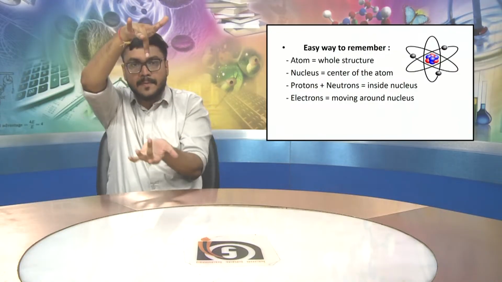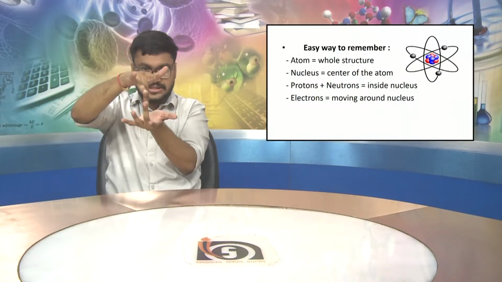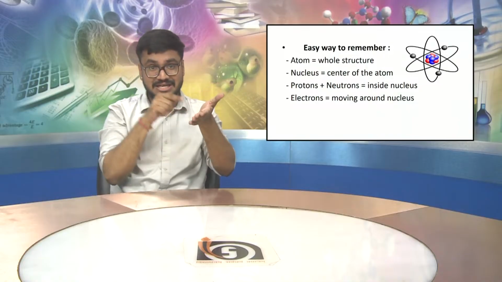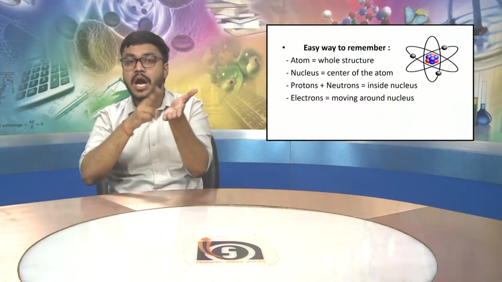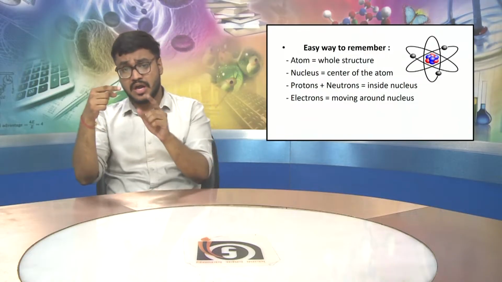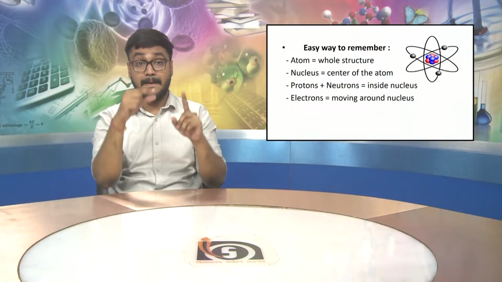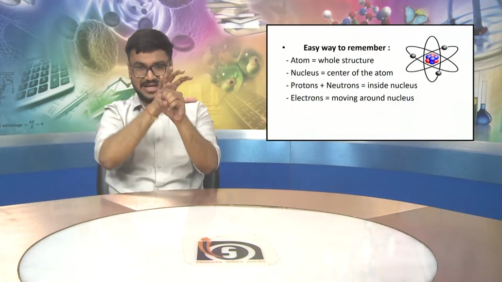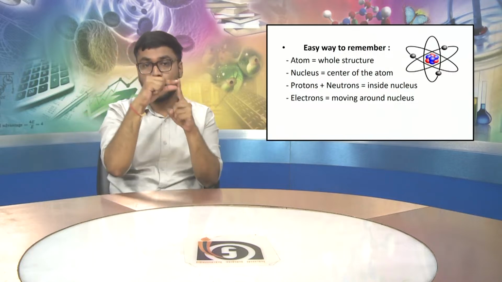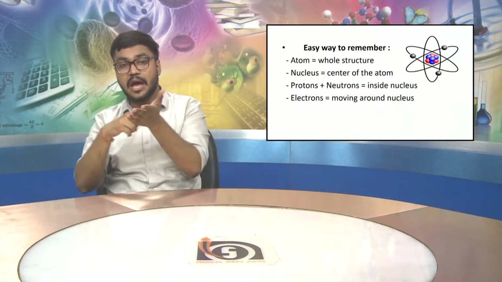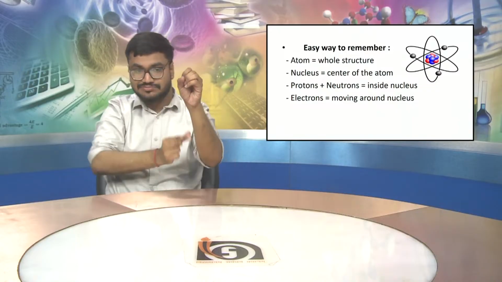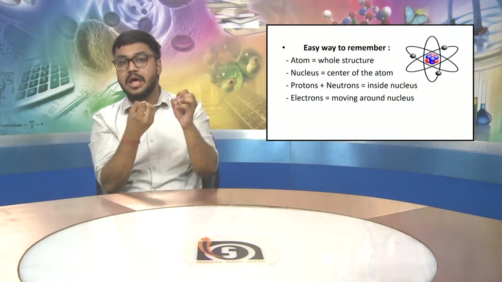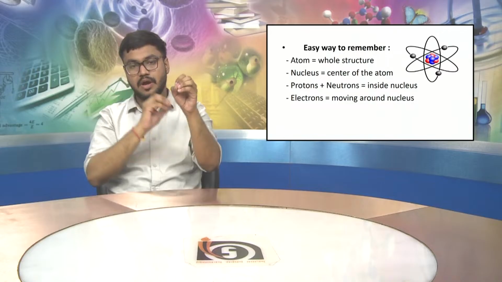Now there is an easy way to remember these. First is atom, which is the whole structure, and then comes nucleus, which is the center of the atom. Then come proton and neutron inside the nucleus, and last electrons, which are moving around the nucleus.